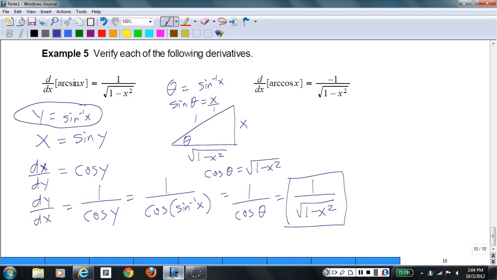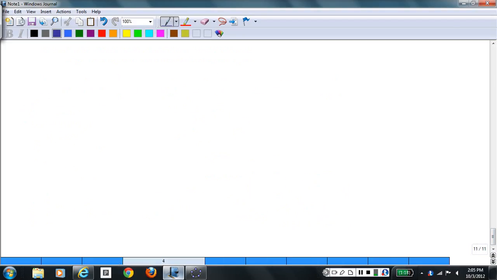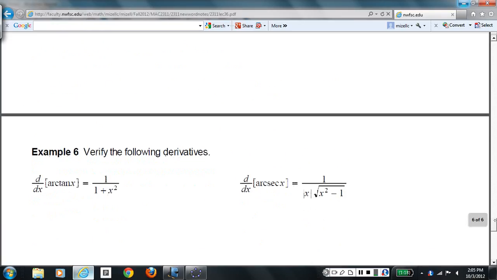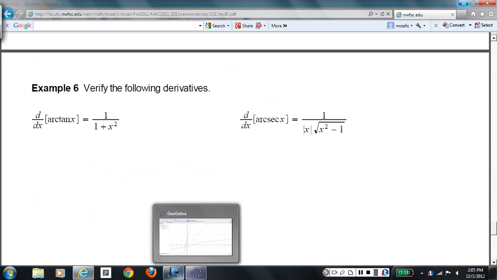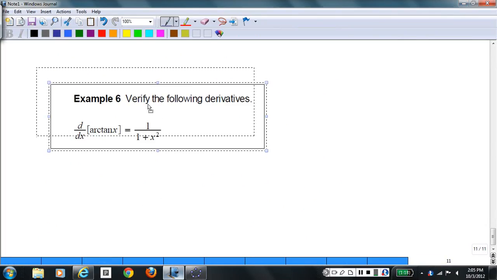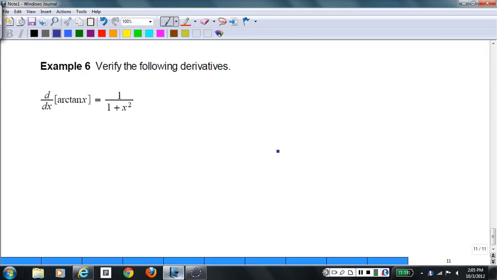And let's see, derivative of the inverse cosine is similar. Let me see, does example 6 ask for the derivative of the inverse tangent? Let's try this one. Derivative of inverse tangent. I'm going to say y equals the inverse tangent of x, so that x equals the tangent of y.